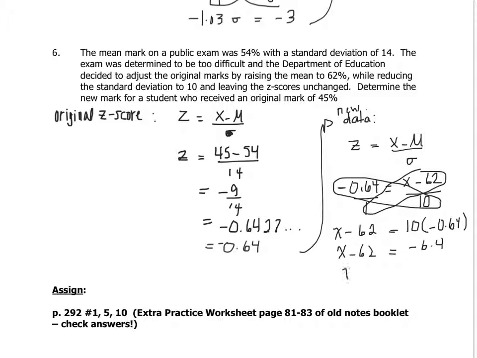And then to get x by itself, you add 62 to both sides, so you get negative 6.4 plus 62, which is 55.6. So in this case, the student who originally failed would now be passing with a mark of 55.6%.